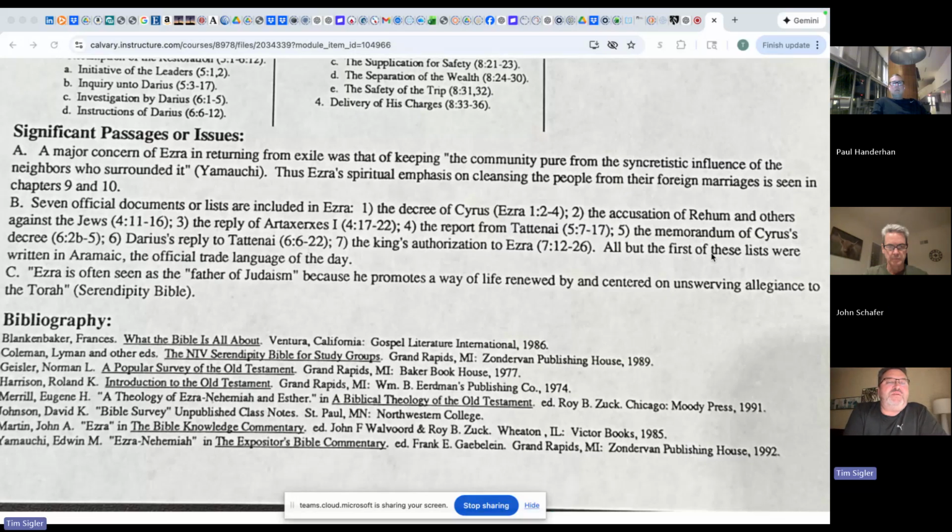Now, letter B, 7 official documents or lists are included in Ezra. You've got the decree of Cyrus, the accusation of Rehum and others against the Jews, the reply of Artaxerxes I, the report from Tetaniah, the memorandum of Cyrus's decree, Darius's reply to Tetaniah, the king's authorization to Ezra.